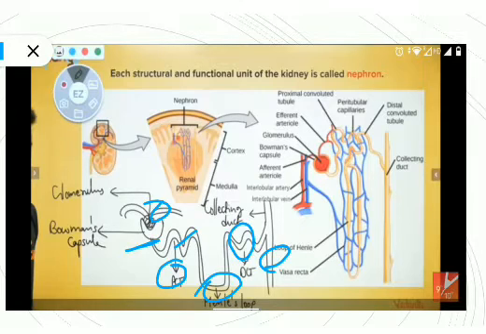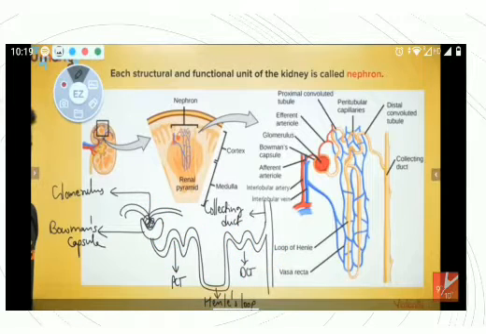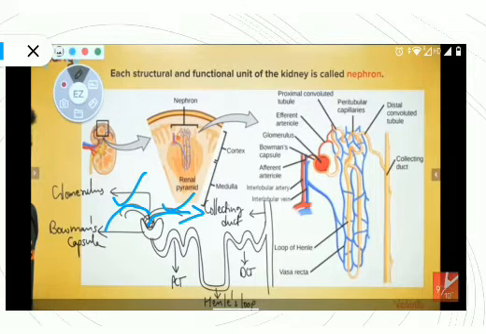One more thing you have to learn: here you can see two blood vessels. One carries the blood into the Bowman's capsule, and the other carries the filtered blood out from the Bowman's capsule.